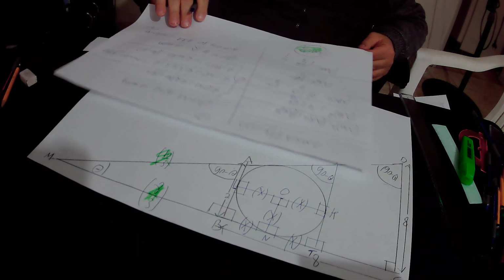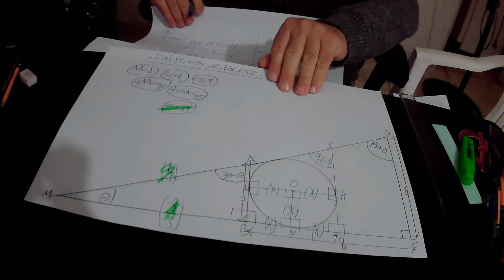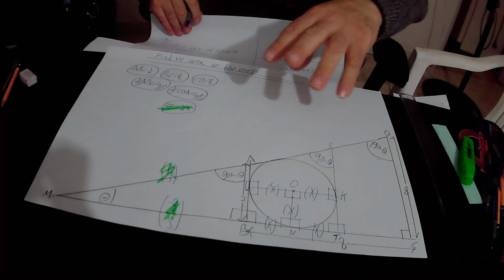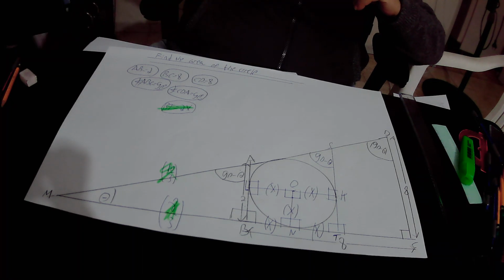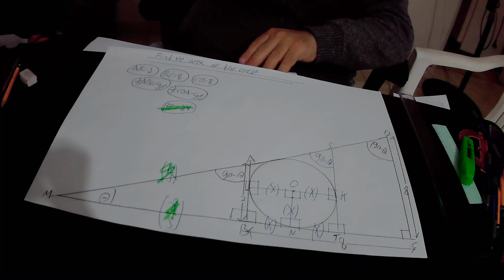And from the fact that the right middle triangle is similar to the right small triangle, we will derive that the following relationship exists between their sides.